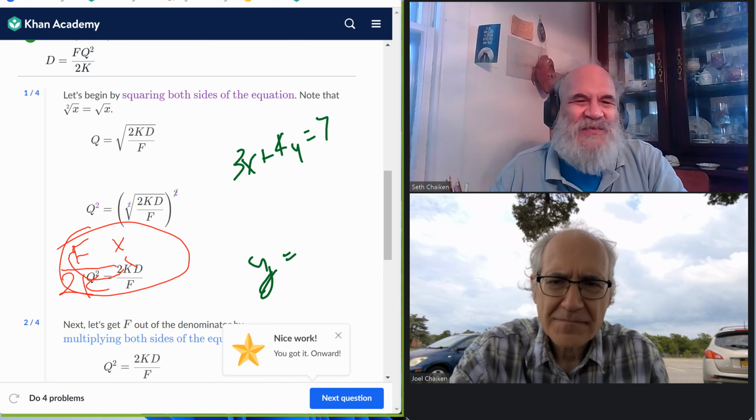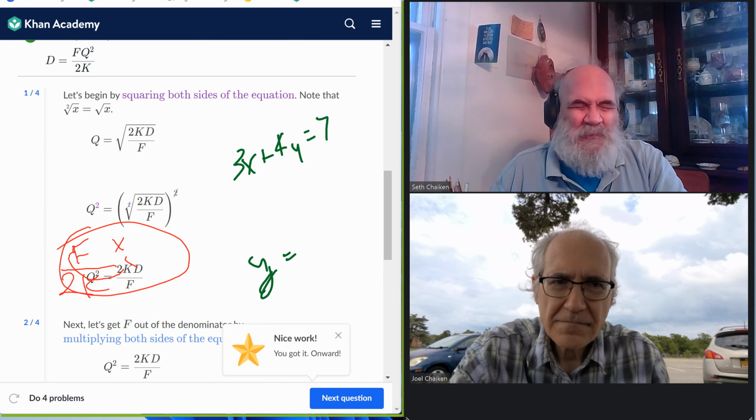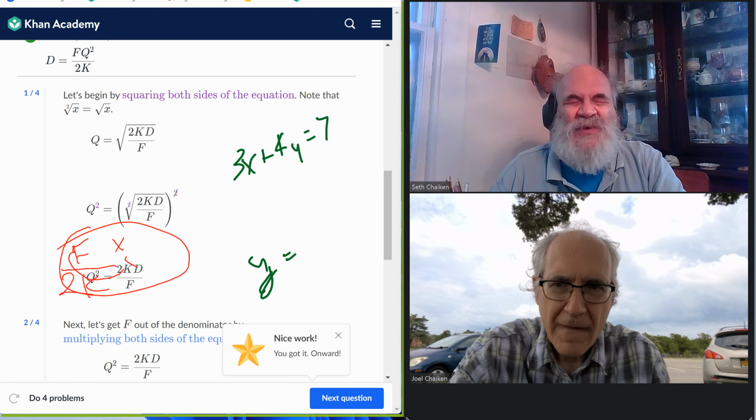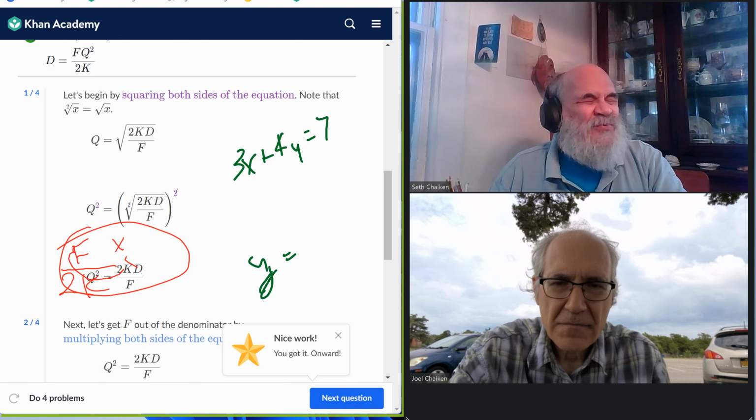The approach that they teach for solving when the variable is in some expression that's inside a square root. One of the strategies that they teach is to square.